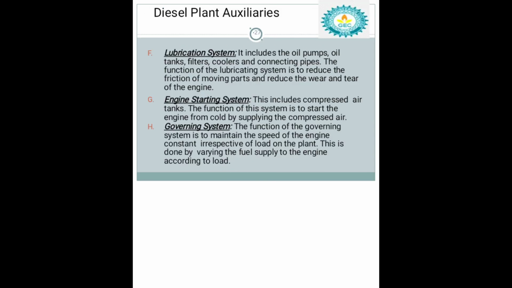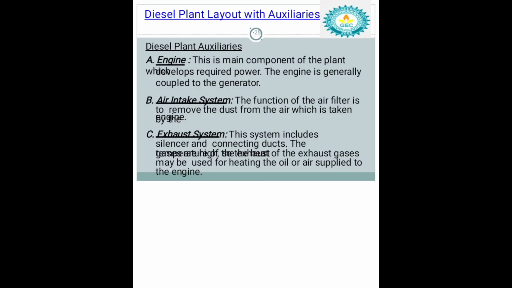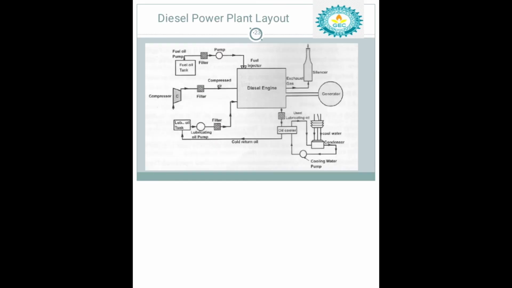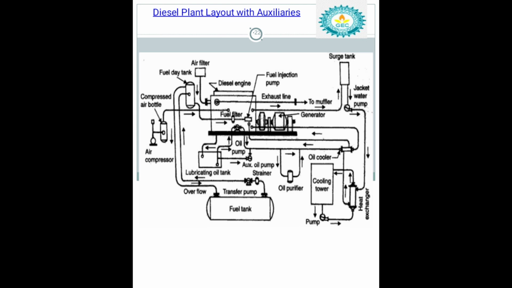So these are the main auxiliaries involved in the diesel power plant. When the crankshaft is rotated, the generator shaft also will be rotated because the crankshaft and generator shaft are coupled. The generator converts mechanical energy into electrical energy.